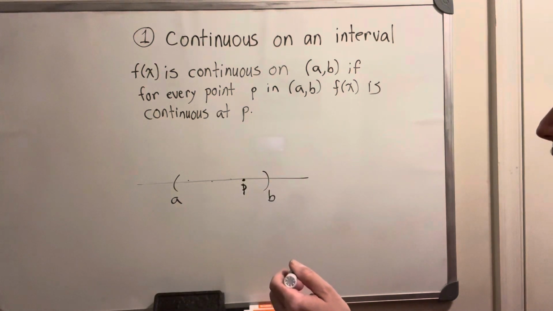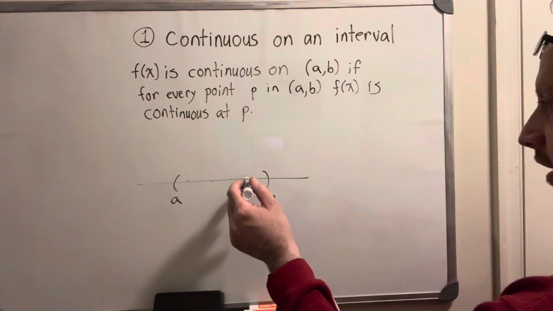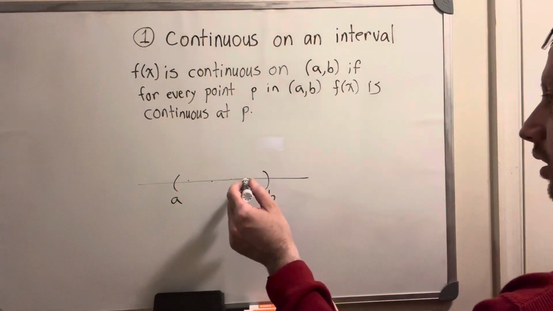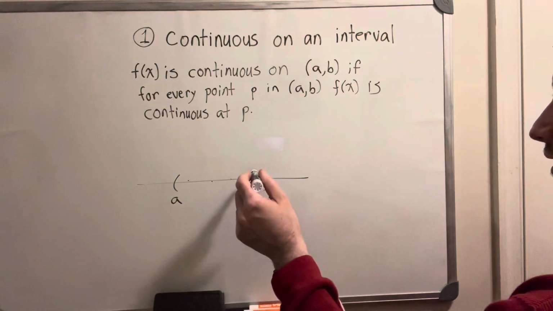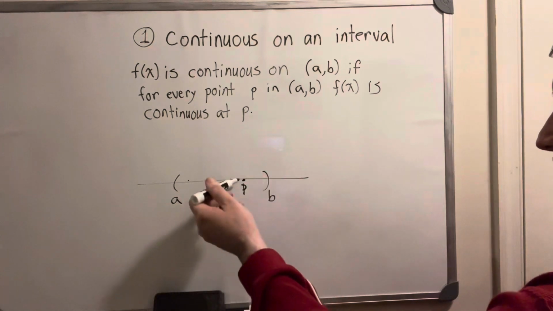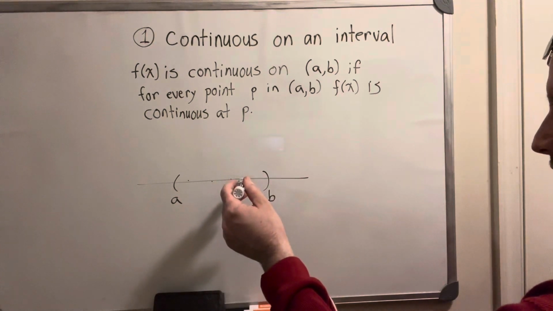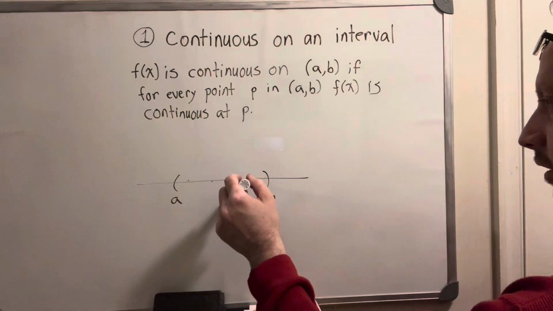And we just talked a minute ago about the criteria for continuity: the function is defined on an open interval containing that point, the limit exists, and the value of the limit is the value of the function.